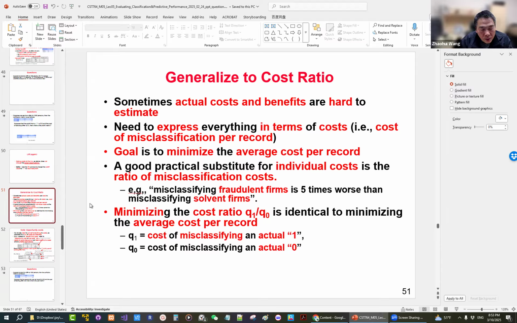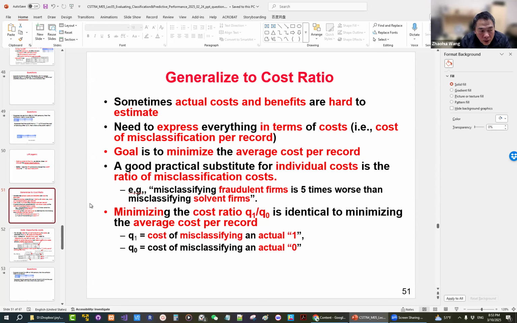Actually, we have difficulty estimating the actual costs and benefits, so it's better to express everything in one term, just the cost.